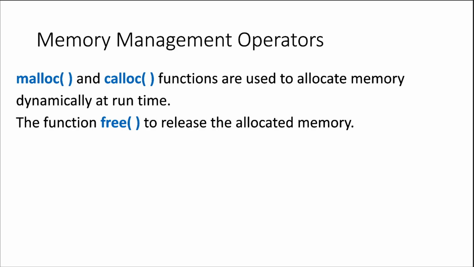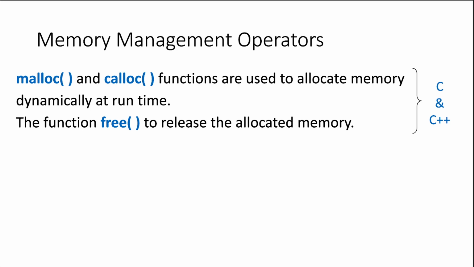So how do you do this allocation and giving it back, that is, freeing? These are the two function calls. One is malloc and calloc, for allocating memory dynamically at runtime, and the function used to give back or release the allocated memory is free. These functions, malloc, calloc and free, are used in C and C++.